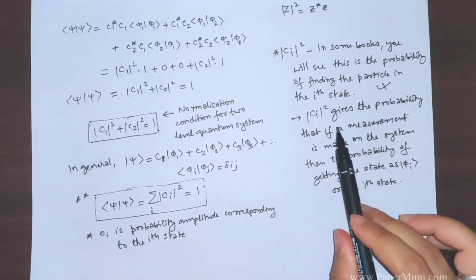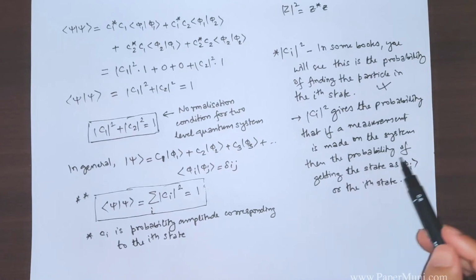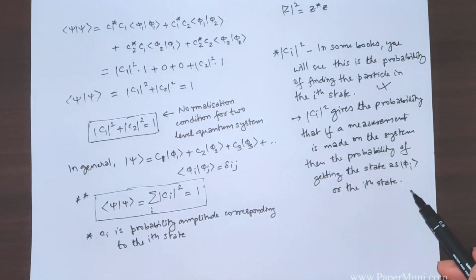So this is what it means: Ci mod square gives the probability that if a measurement is made on the system, then the probability of getting the state as phi i is, or the ith state.